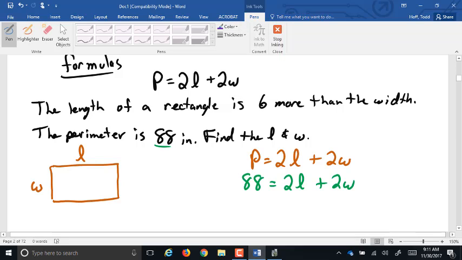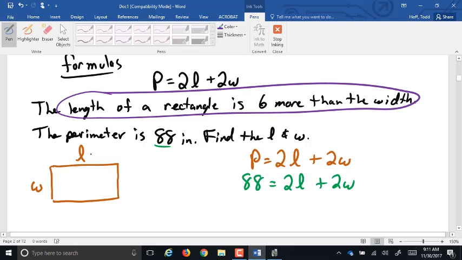We have to make one of them go away. We have to replace one. Well, I'm given the length is 6 more than the width. So that's implying that the length is equal to the width plus 6. Does that make sense?